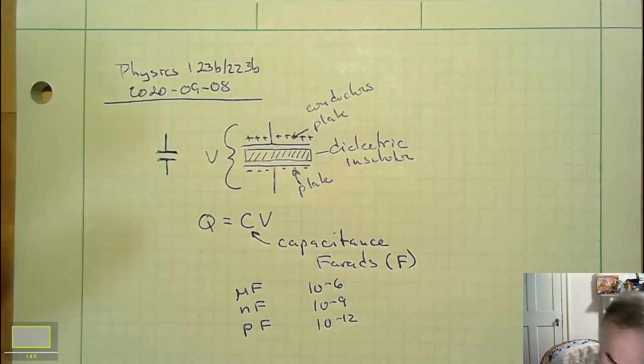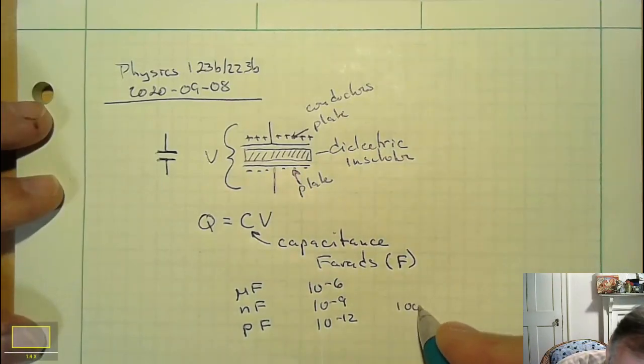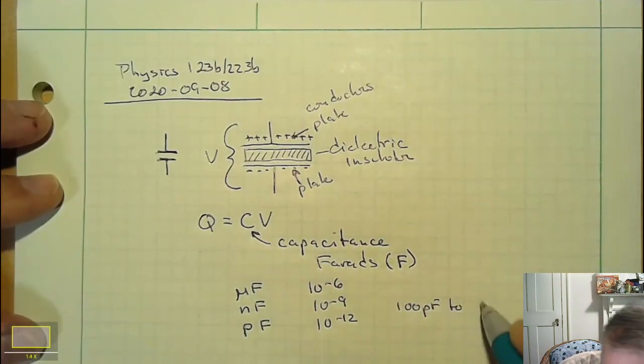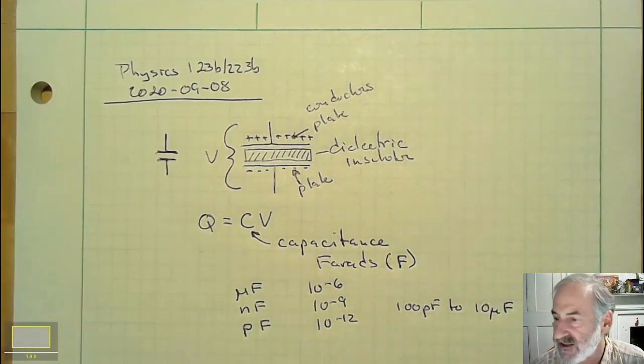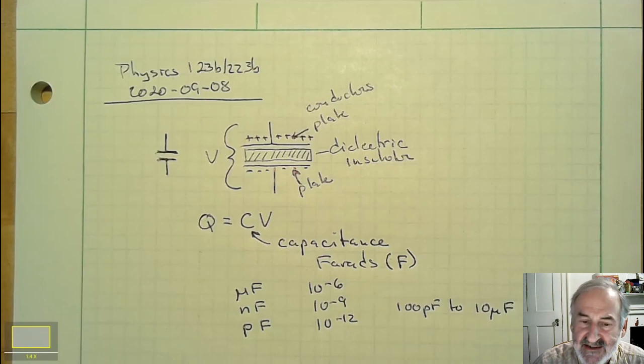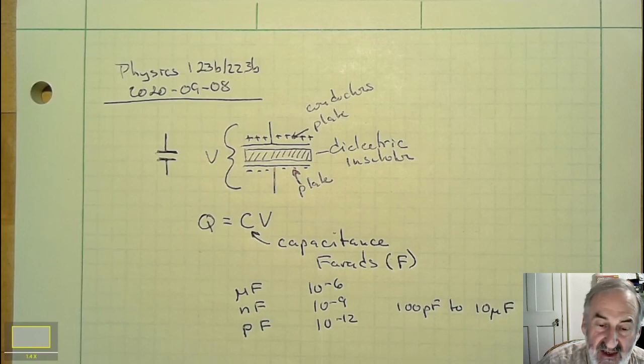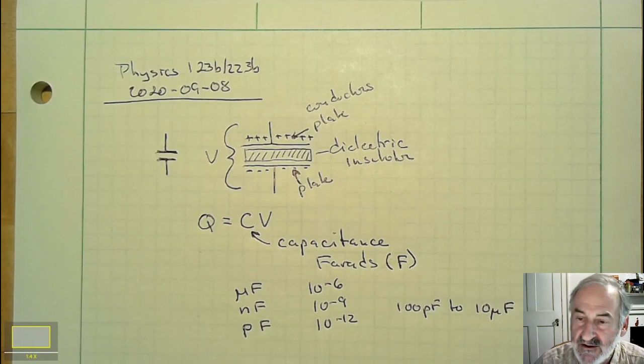And typically a range of 100 picofarads to maybe 10 microfarads is what you might see in this course. Bigger capacitance means more charge stored for a given voltage, so more stored energy. So a big capacitor can store a lot of energy, and I think we should probably stop here and take a look at a demo of a capacitor storing charge.